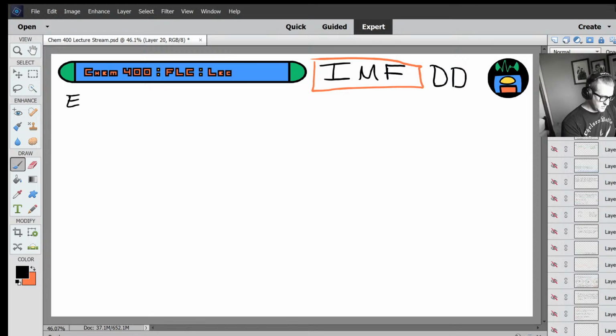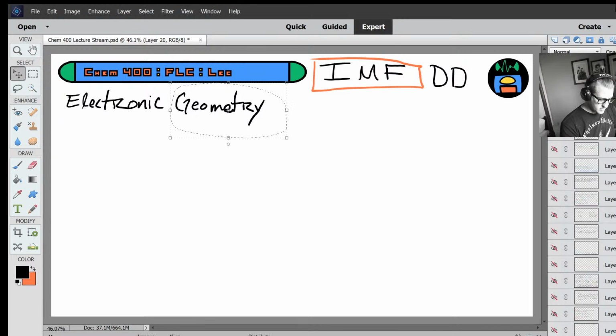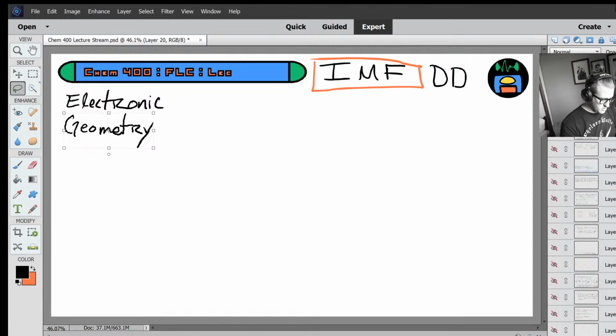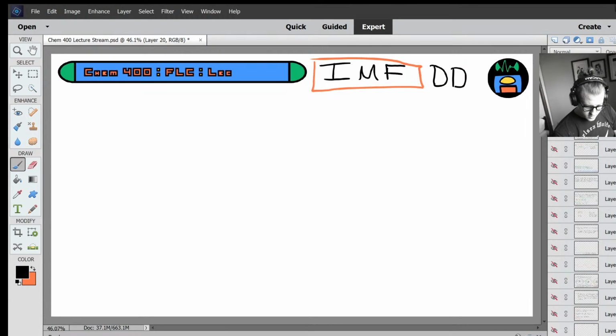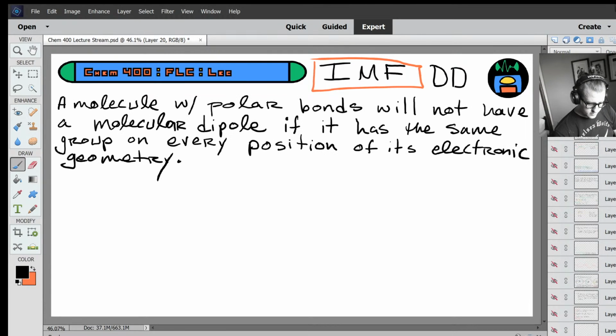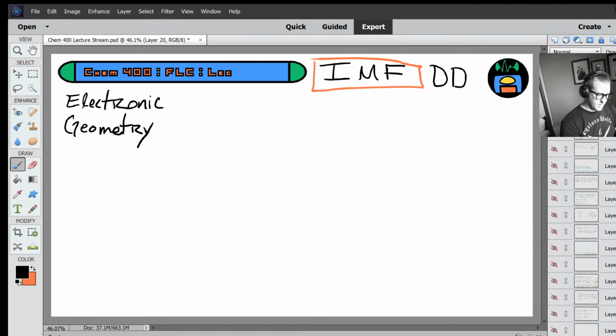Electronic geometry, and I'll put this under here, versus number of positions.